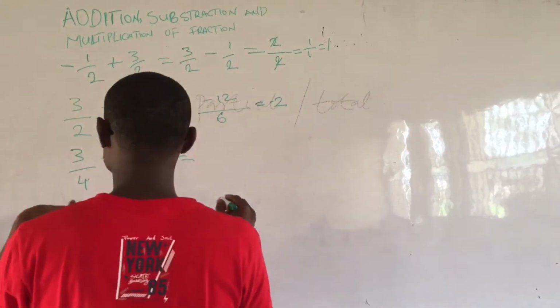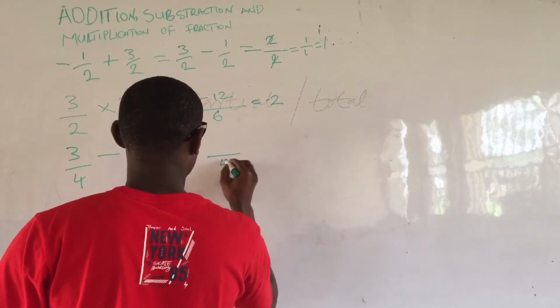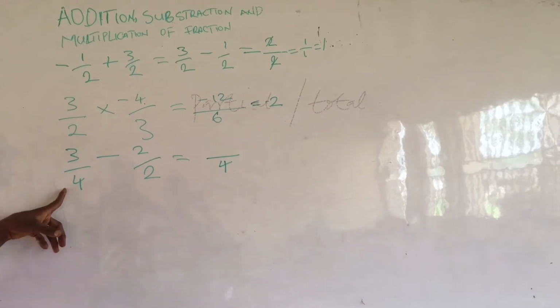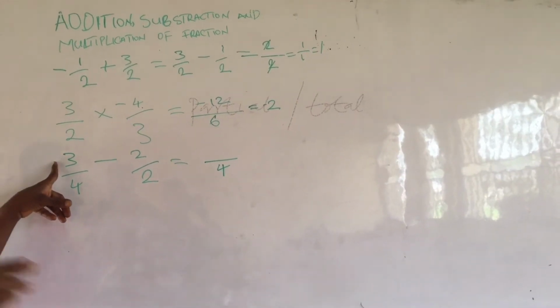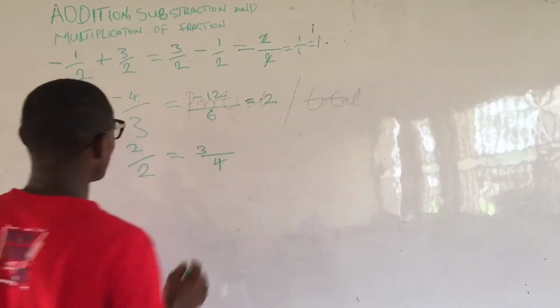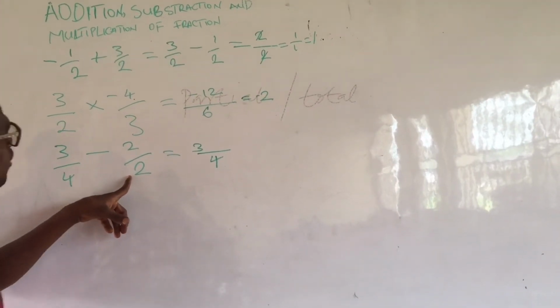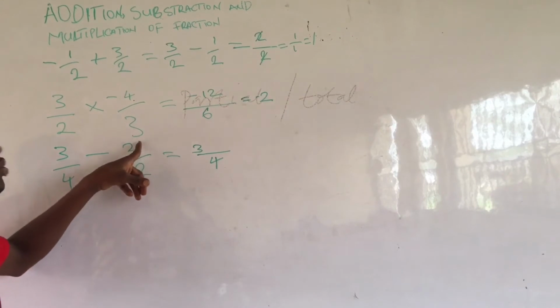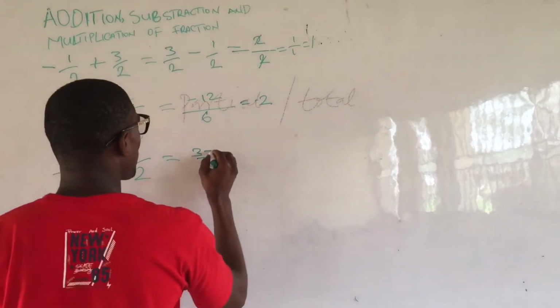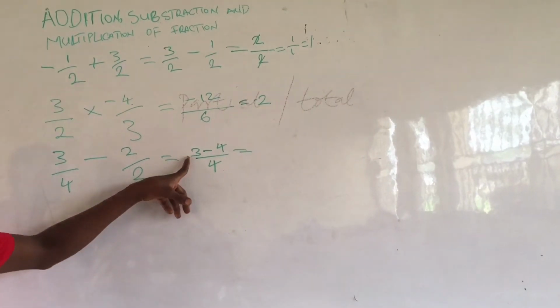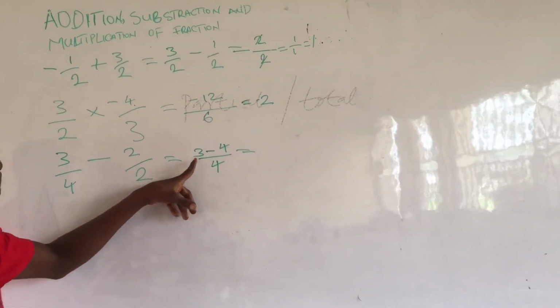So 4 will go into 4 to give me 1. And 1 times 3 will still give me 3. So I have 3. 2 goes into 4 to give me 2. And 2 times 2 gives me 4. So I have minus 4. So my result would be, this is plus 3. Remember, plus is always invisible. Minus 4 to give me minus 1 all over 4. So this is the result.